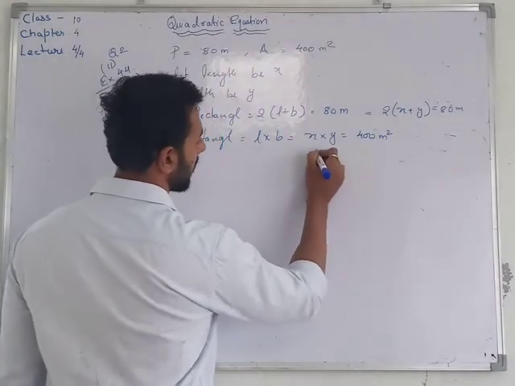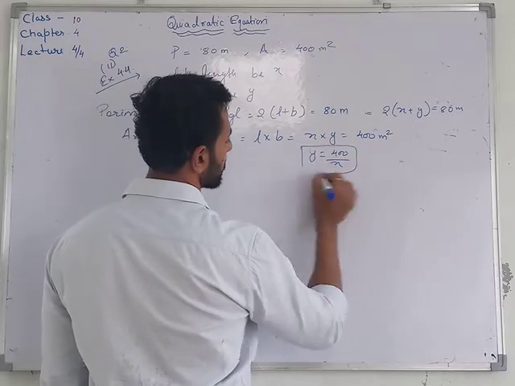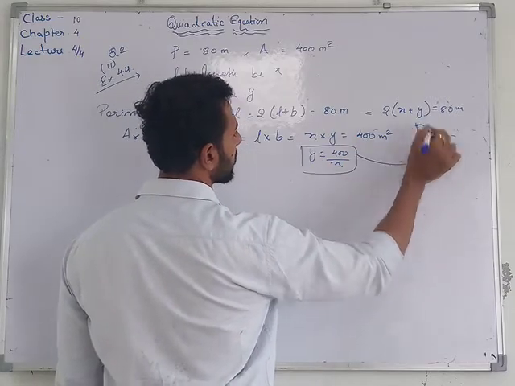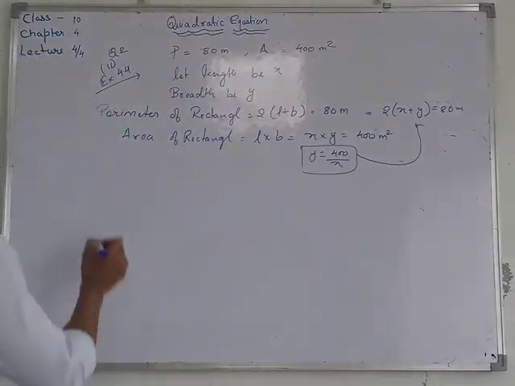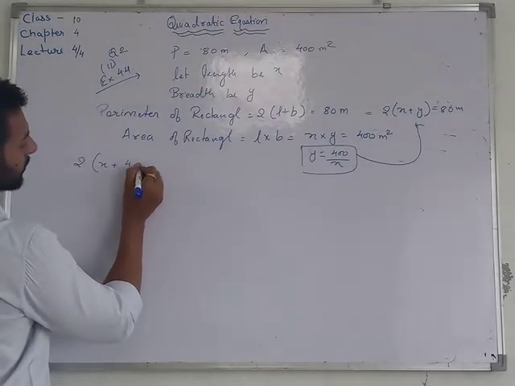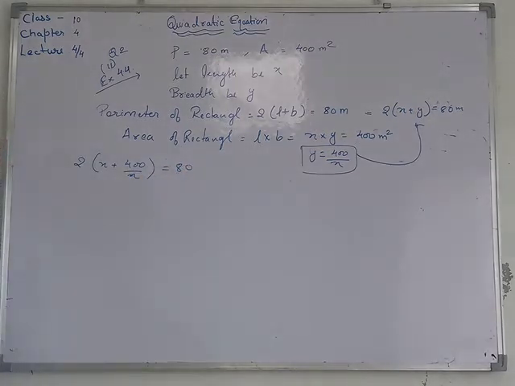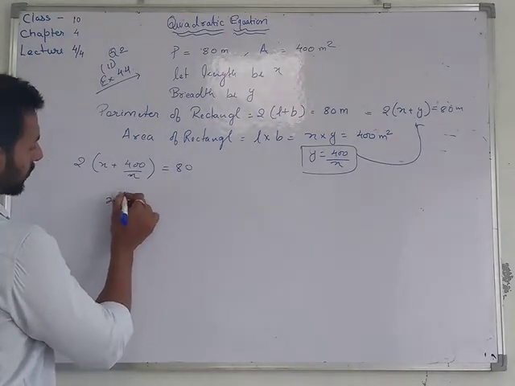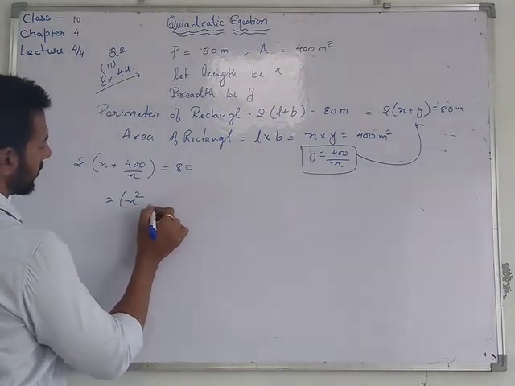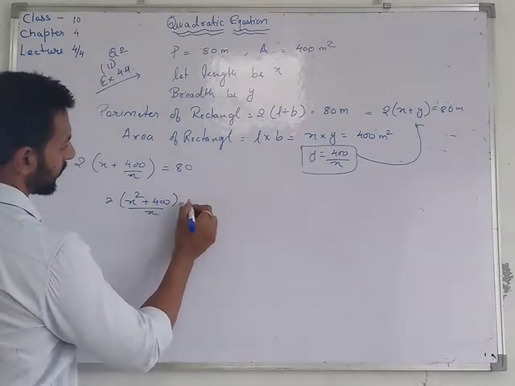This can be written as y is equal to 400 by x. Substituting this value of y over here in the perimeter equation, 2 into x plus 400 by x is equal to 80. Taking the LCM and solving this, we will be getting 2 bracket x square plus 400 by x is equal to 80.